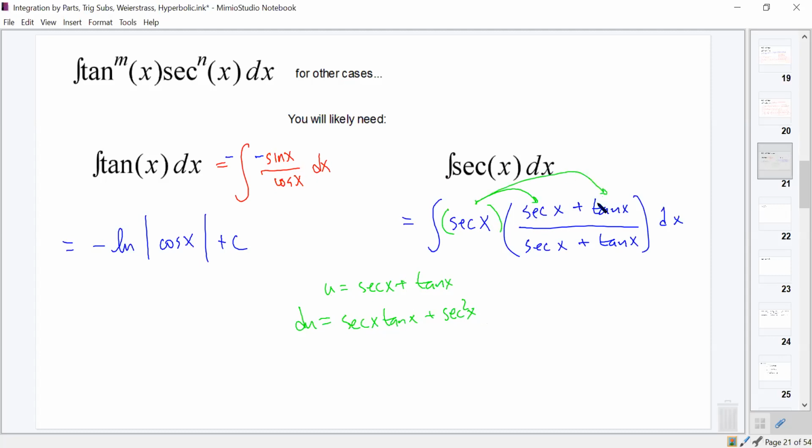And that's a secant x tangent x times a dx. So we actually have that exact du value in our numerator. Everybody see that?